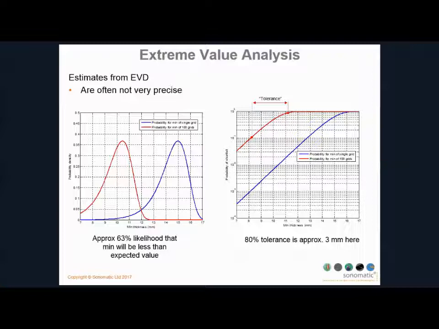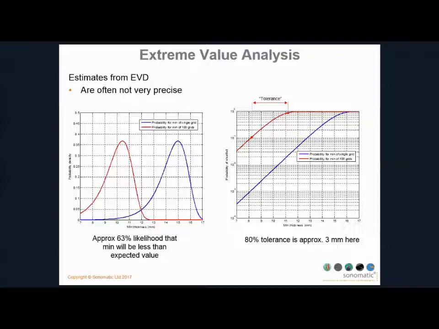That's possible using the process that I mentioned on the previous slide to establish what those distributions are. If we look at the graphic on the left here, the distribution shown in red indicates the probability for the minimum of 100 grids. So we can see that that peaks at around 10.4 millimeters.